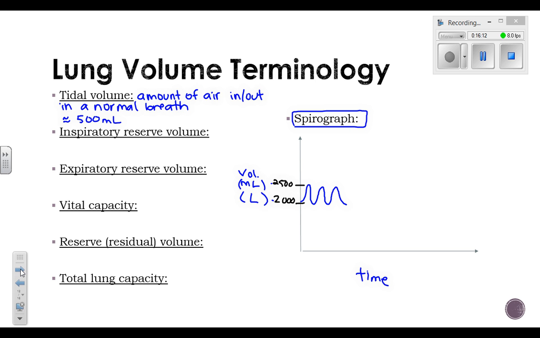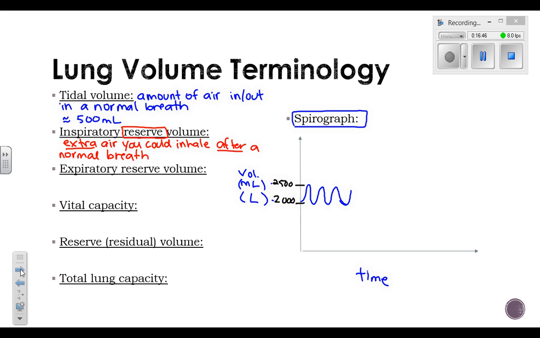Now, the next amount is your inspiratory reserve volume. I'm going to highlight the word reserve. This means this is extra that you have. Your inspiratory reserve volume is extra air you could inhale after a normal breath.